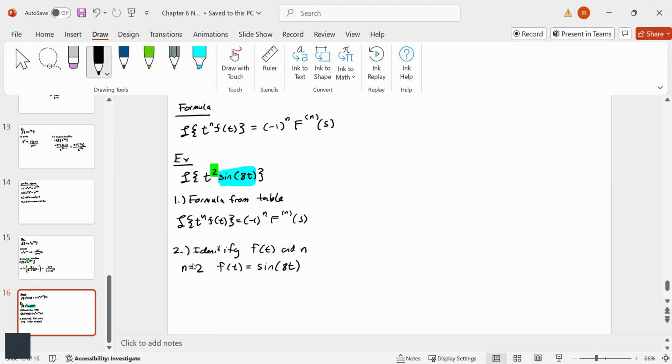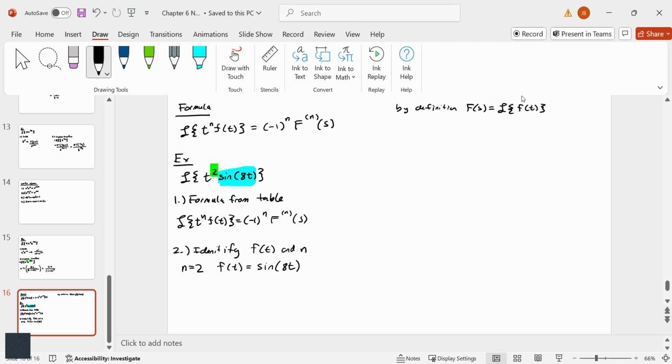So what you're going to end up doing, and this is kind of the part that's a little bit tricky, is you're going to essentially take the Laplace transformation of f of t. Remember, by definition, F of s is equal to the Laplace transformation of f of t.